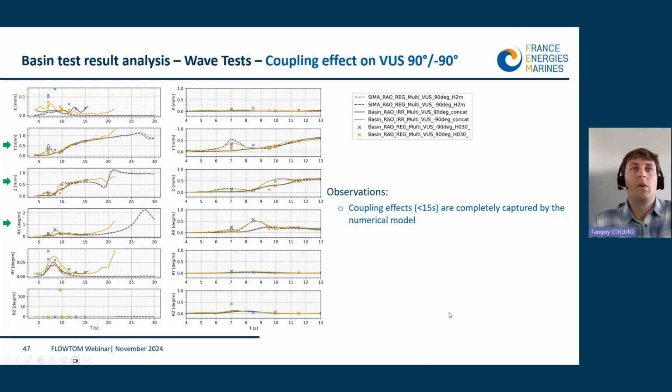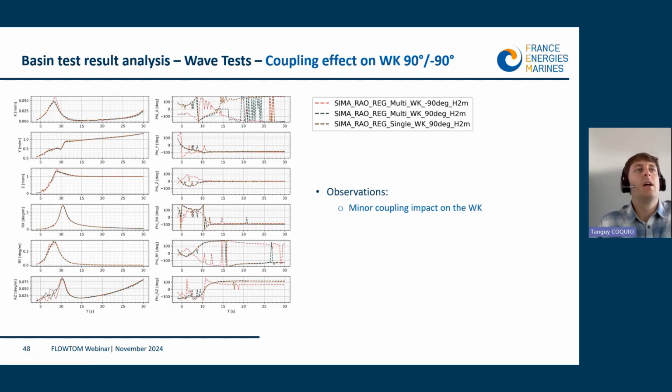So we can see that there is an effect of the vessel on the floater when the waves are coming from the vessel or reflected by the vessel, and this is well captured.